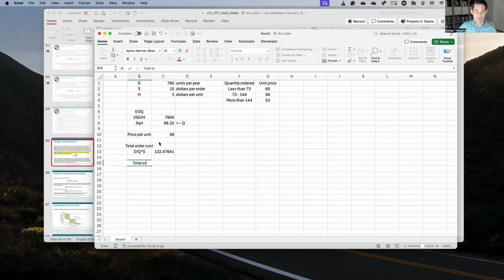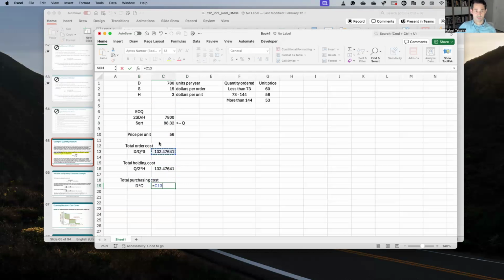My holding cost is going to be equal to my Q divided by 2 times H. Beautiful, the two numbers are the same. That's how it's supposed to be. So my total purchasing cost is my annual demand times my cost for each unit.